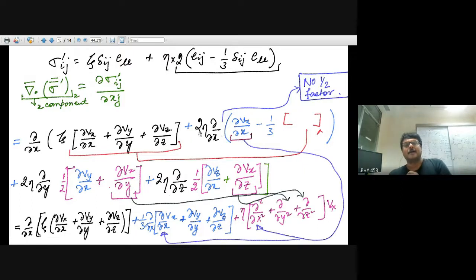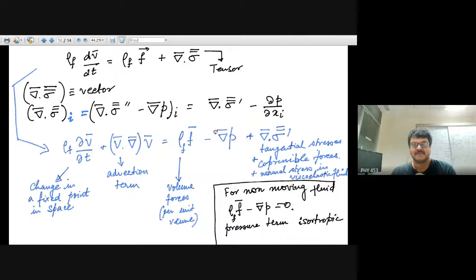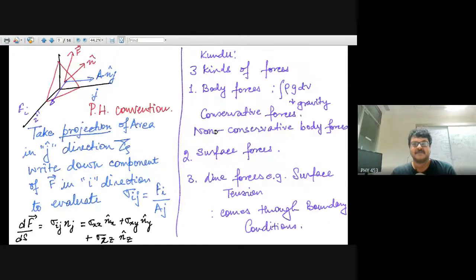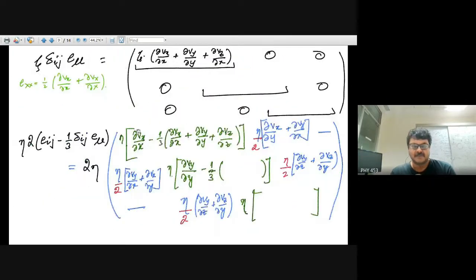Okay, 2 eta del x of this term, and note there is no half here. Here there is a half, here there is a half, the diagonal terms had a half, but here there was no half. The theta shouldn't be there, right? But 2 eta is here outside.